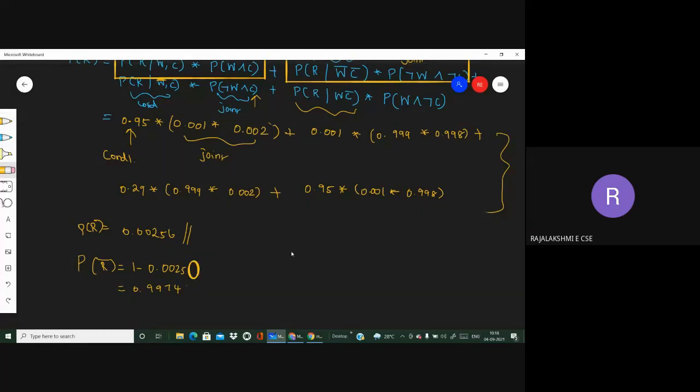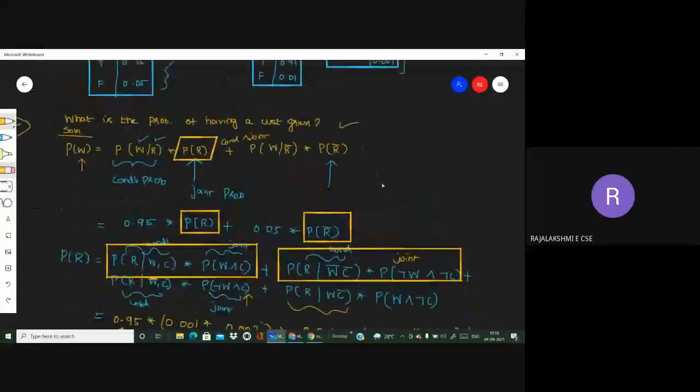So the probability of not getting rain is 0.99748. So you can say here the answer is 0.95 into 0.00252 plus 0.05 into 0.99748.